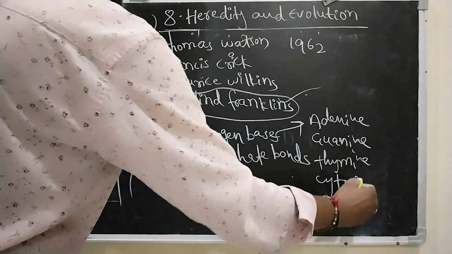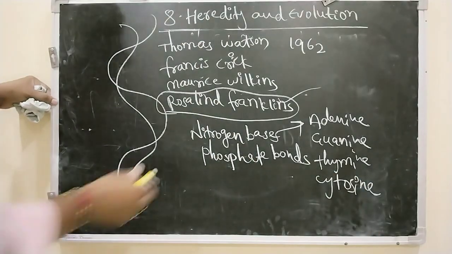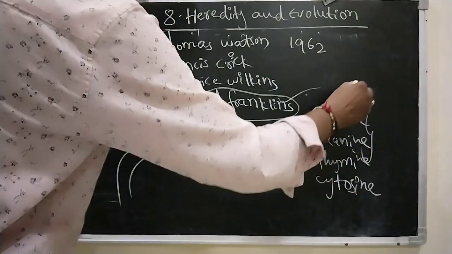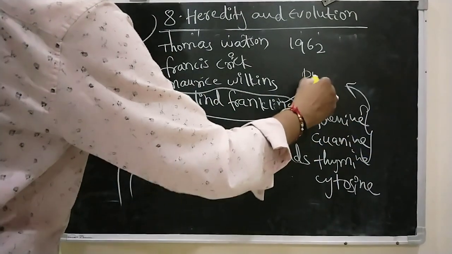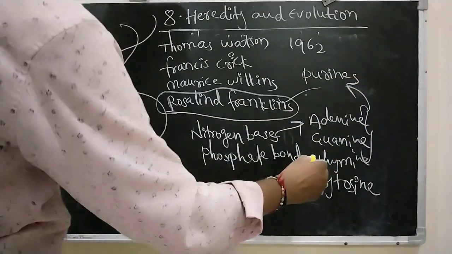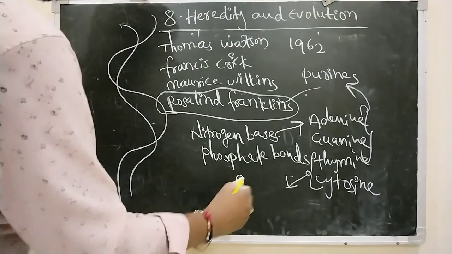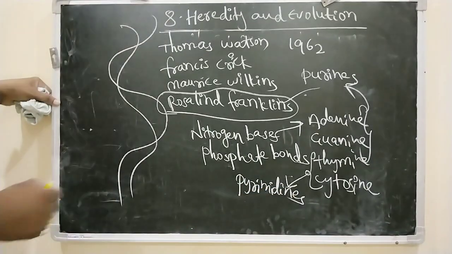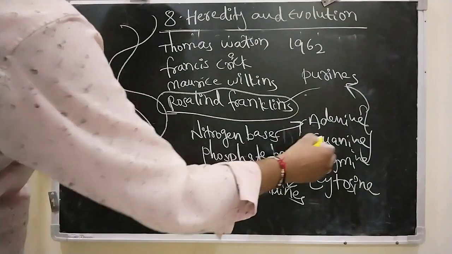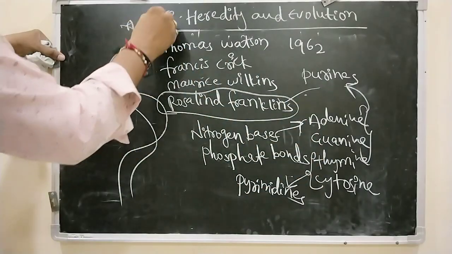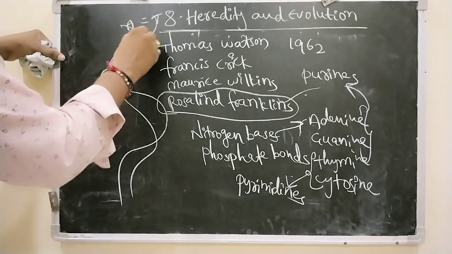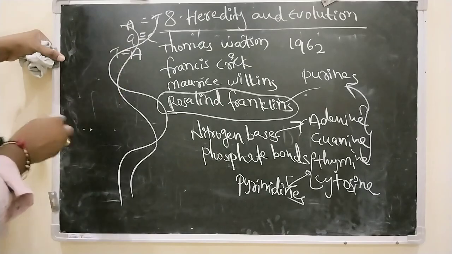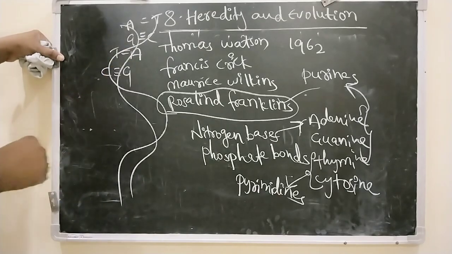Of these, adenine and guanine are called purines, whereas thymine and cytosine are called pyrimidines. One more important point: adenine forms a double bond with thymine, and guanine forms a triple bond with cytosine. Again, thymine double bond with adenine, cytosine triple bond with guanine.